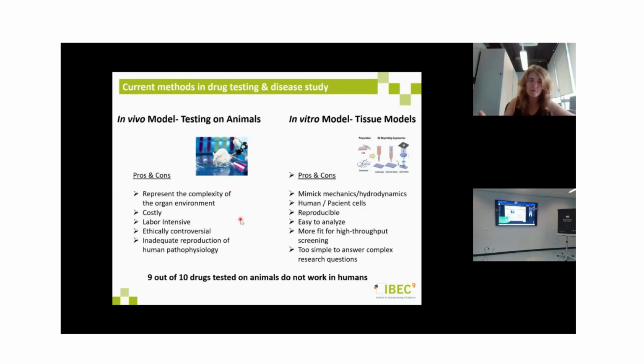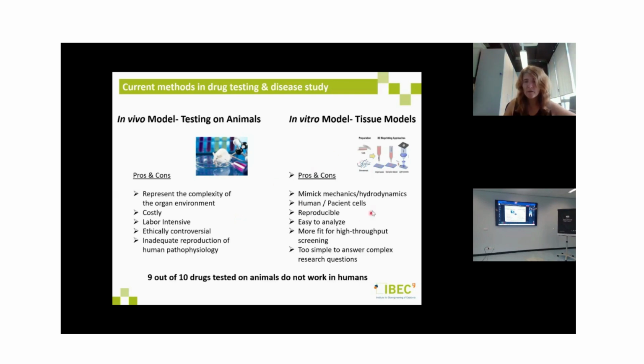Even with developed animals, not like rats, the pathophysiology does not behave in the same way. They are also obviously costly and labor intensive, not just for the animal itself, but also for the maintenance of these laboratories and the training of the people. So it's quite costly and difficult to work.